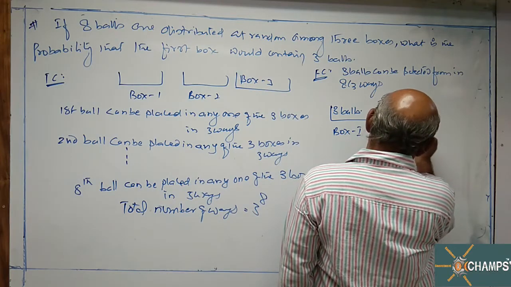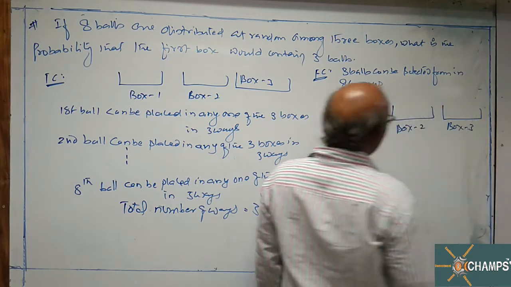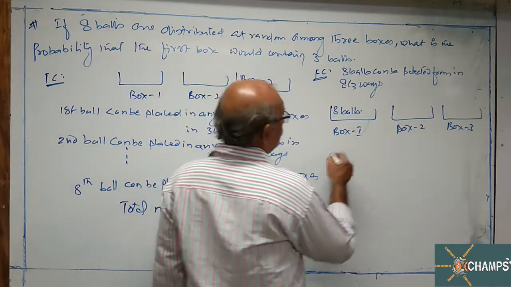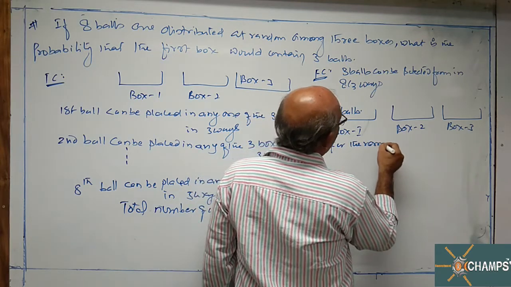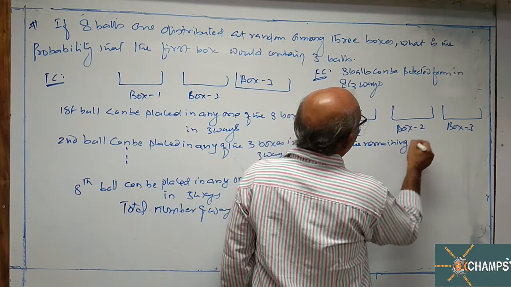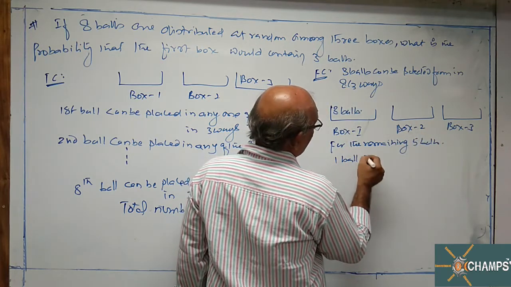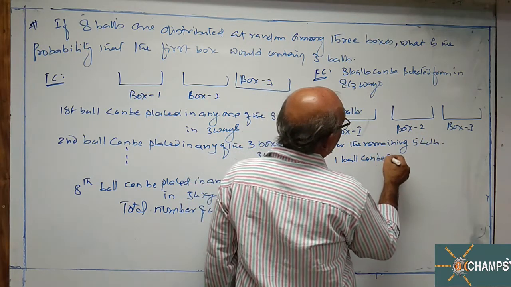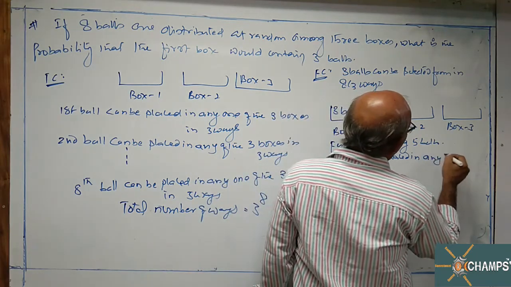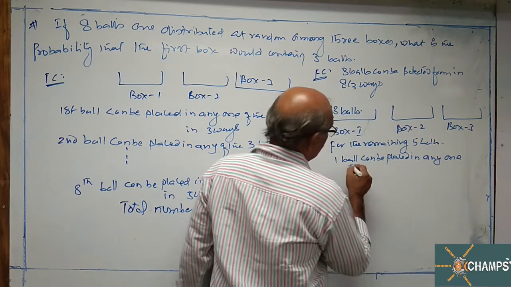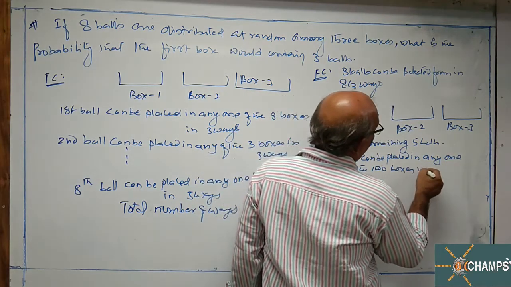Now you have box 2, box 3. For the remaining 5 balls, first ball can be placed in any one of the 2 boxes in 2 ways.